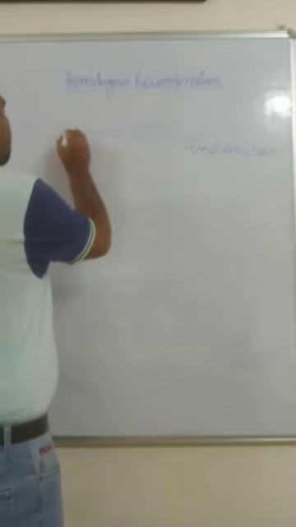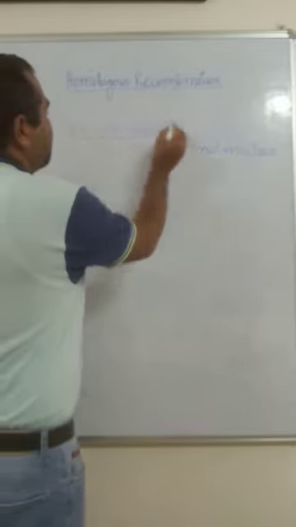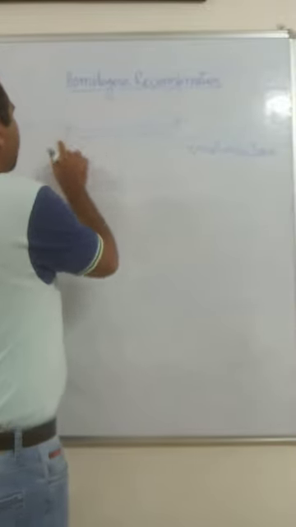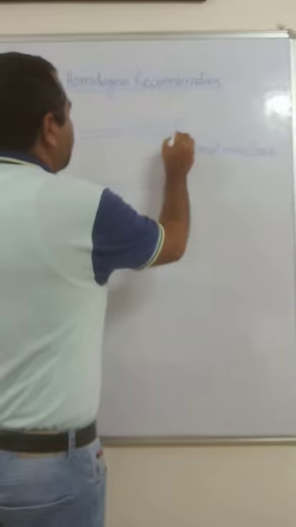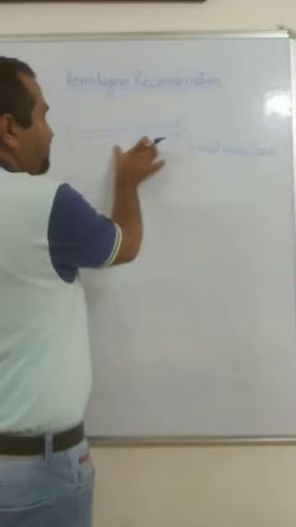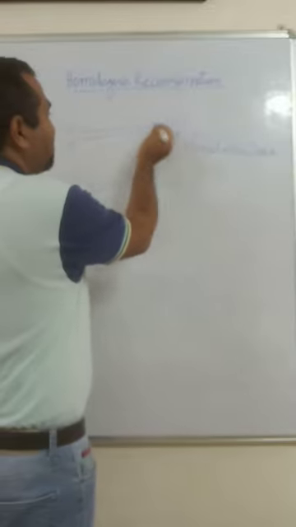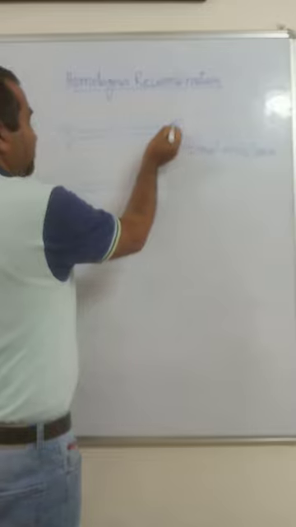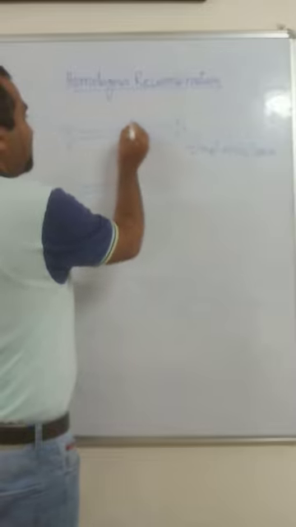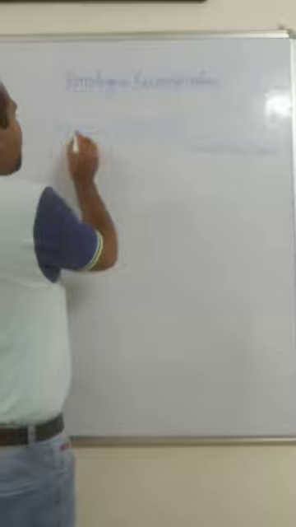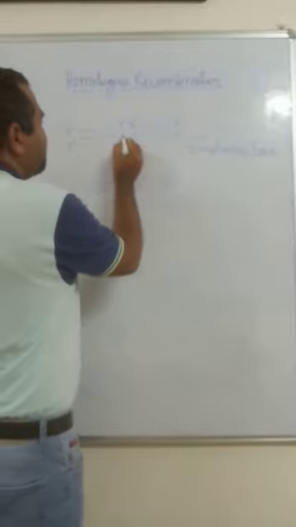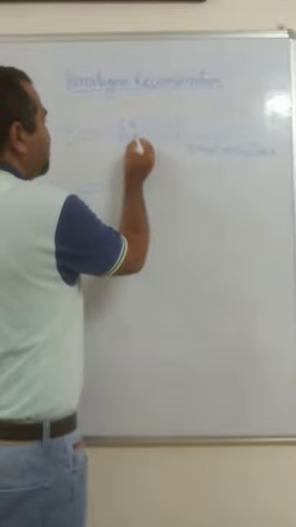And suppose this is 3 prime, obviously this would be 5 prime, and if this is 5 prime, this should be 3 prime. But now these are two separate copies of DNA, so every copy will have its sequence similarity. So if this is 5 prime, now this is 3 prime, and if this is 3 prime, this is now 5 prime. Similarly, if this is 5 prime, it has become 3 prime, and this 3 prime now has become 5 prime.